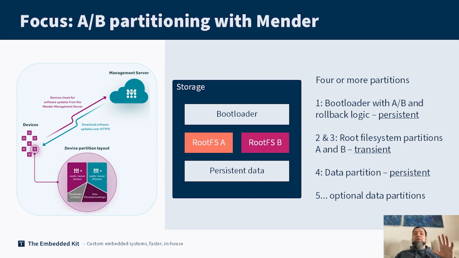Then we have A and B. The purpose of those we have already discussed, but remember that by switching back and forth, that implies that all of the data that you put on those partitions is actually transient. Transient means after an update, everything is gone.